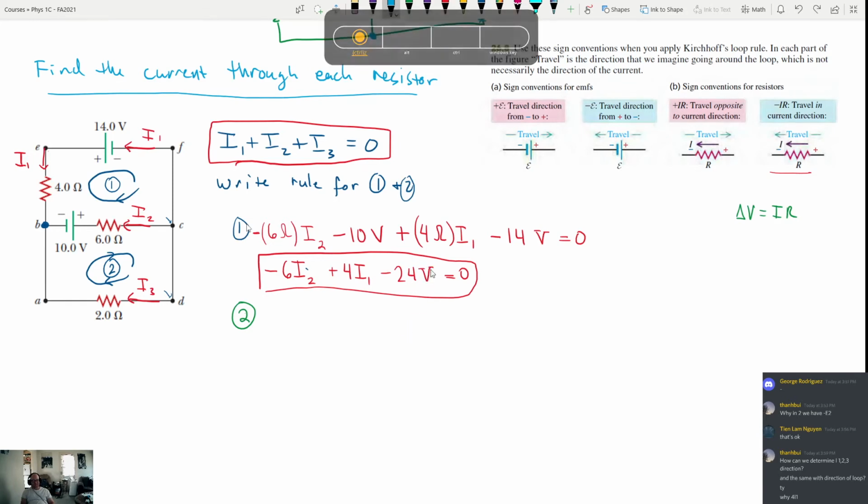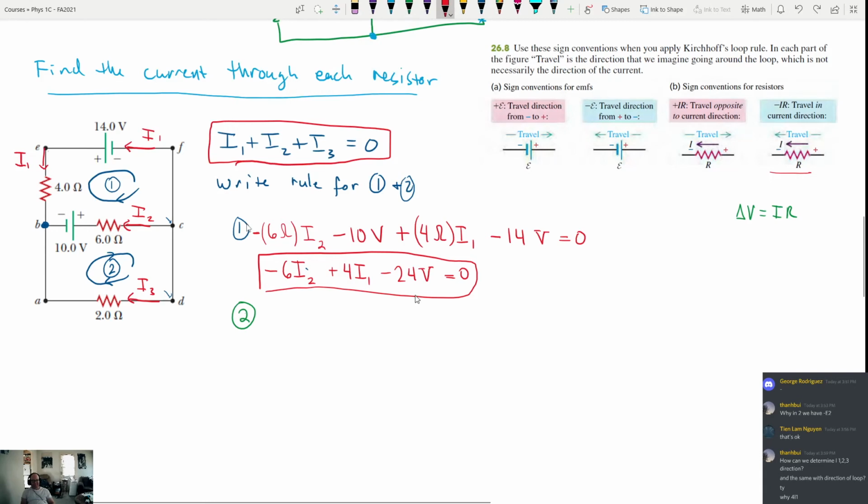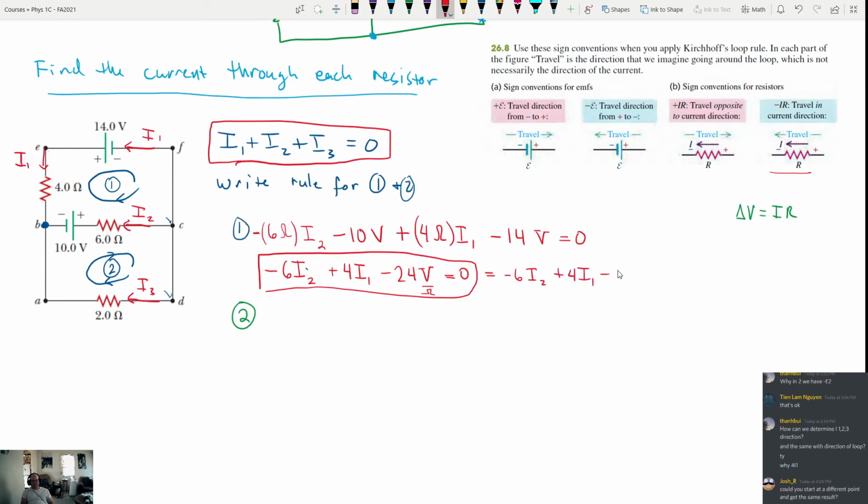I'm going to leave it as volts, but it's almost like I have to divide by ohms right here. That'll matter when we do the... let's just do that. We'll just divide through everything by 1 ohm, and I can get the volts over ohms here, which means this is going to basically be negative 6I2 plus 4I1 minus 24 amps, if we're going to do it this way at least.